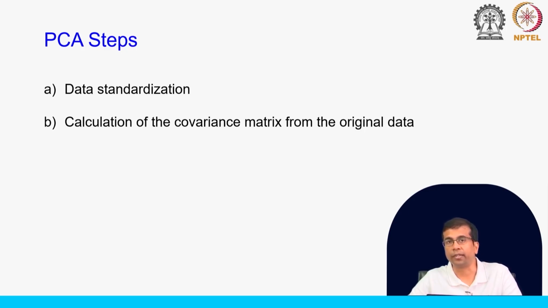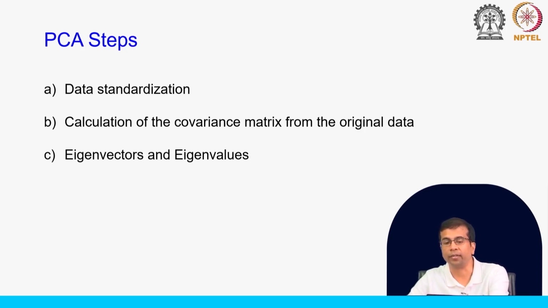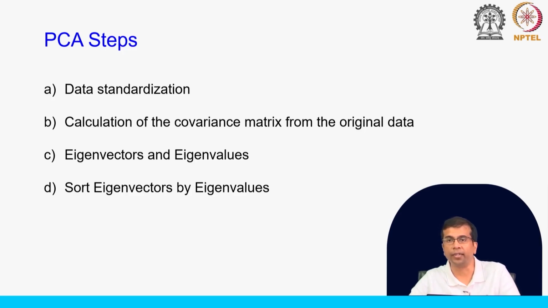Once this covariance matrix is calculated, eigenvectors and eigenvalues are calculated from this matrix. Okay. We will not go into the details. There are some specific matrix processing steps to get to the eigenvectors, and for each eigenvector there will be a corresponding eigenvalue. Now, we can sort these eigenvectors by eigenvalues, and this results in the principal components.